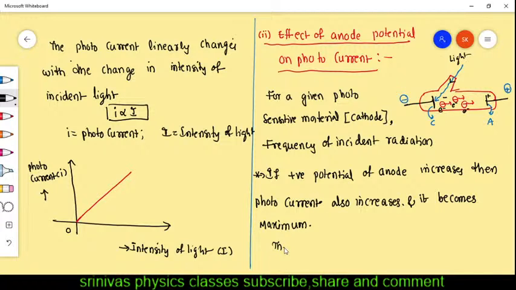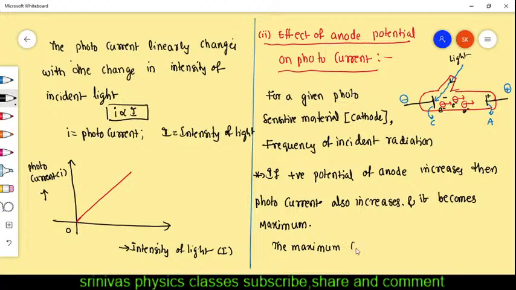The maximum value of current: when you start increasing the positive potential, more attraction will be there, and more electrons will reach. But after a certain positive potential, however many electrons are released, that many are attracted. That's why there are no further electrons to attract, and the current does not increase.